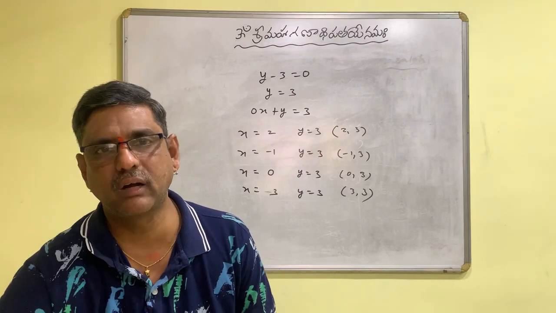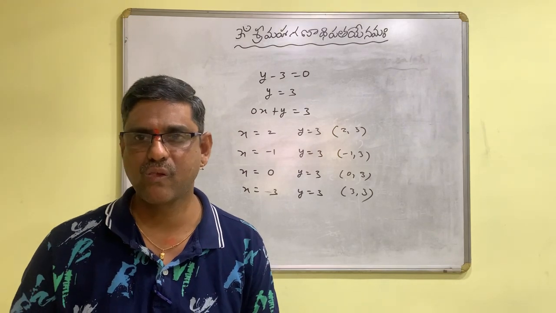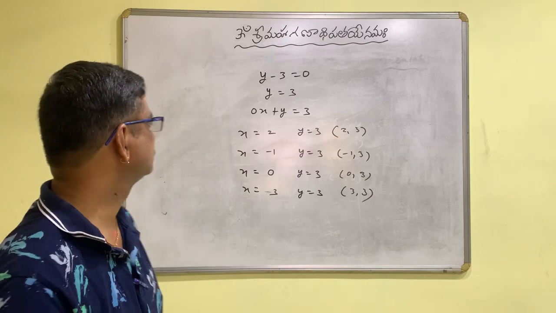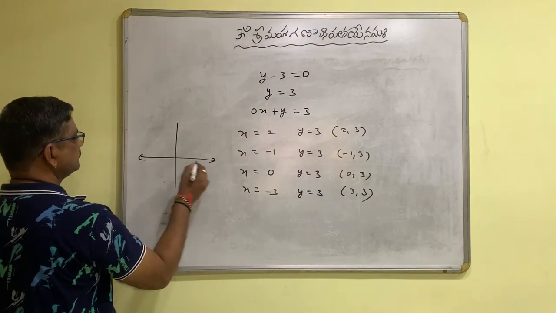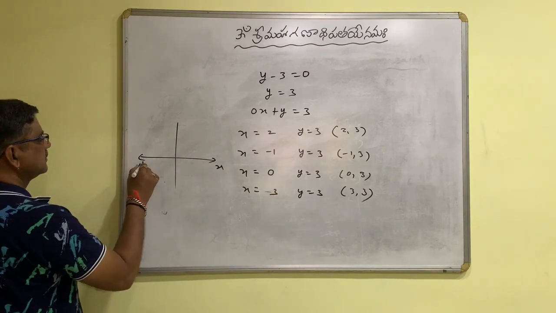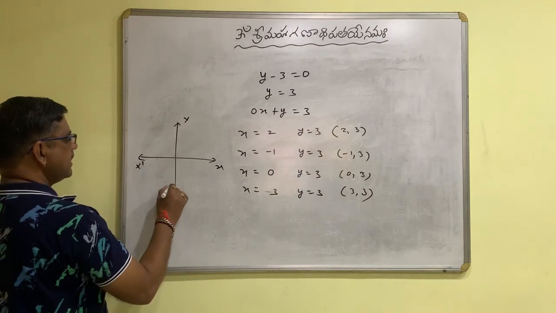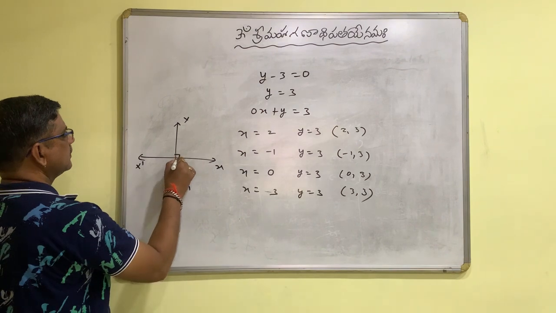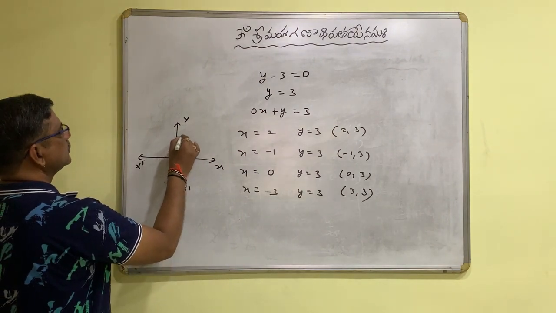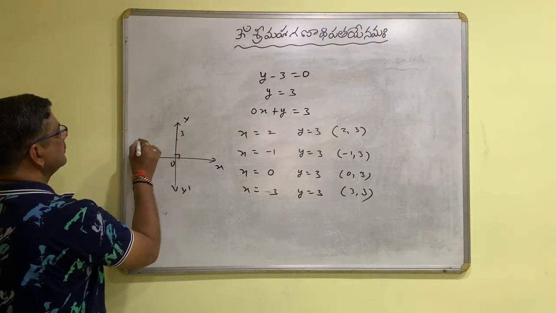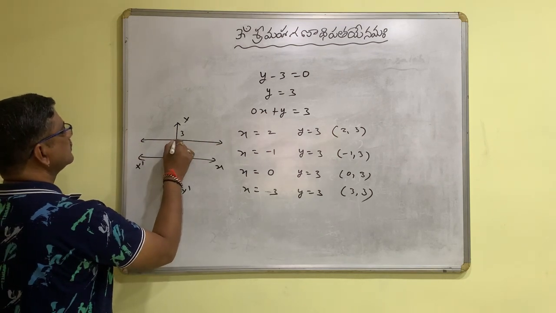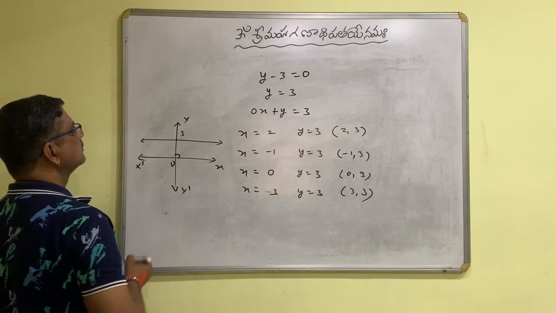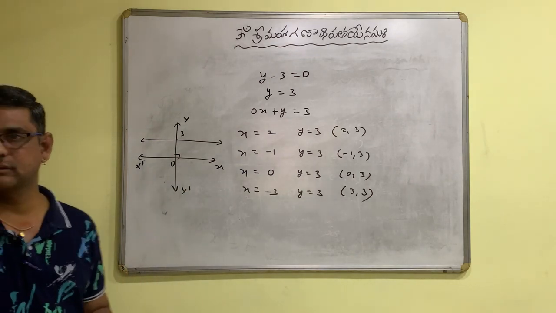Upward direction or downward direction? Suppose this is x x dash, y y dash, origin. This is 3, so you will get a straight line like this.